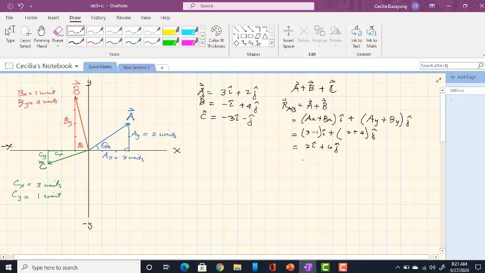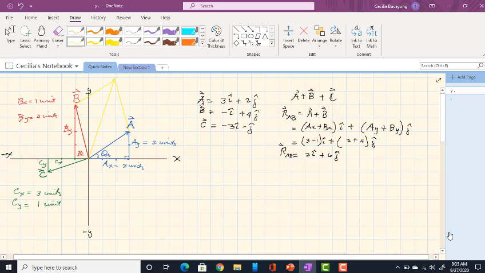So this is our vector RAB. Our vector RAB, that's 2 units along x-axis, so 1, 2, and then 6 units along j. So that's 1, 2, 1, 2, 3, 4, 5, 6. So as you can see, if our vector RAB or the resultant vector of our vector A plus B, using parallelogram.